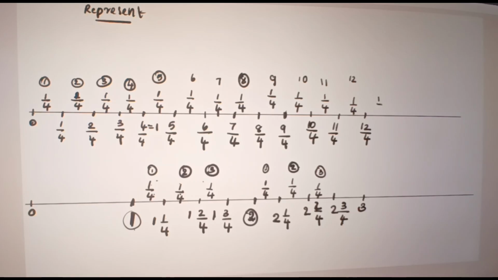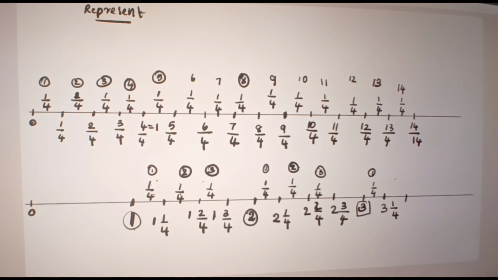Now if you add another 1/4, total 13, that means 13 over 4. So 13 over 4 means from 3 wholes you are adding a 1/4, so 3 wholes and 1/4. If you add another 1/4, total 14 1/4s are there, that is 14 over 4.